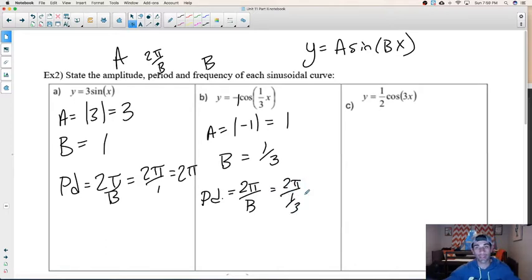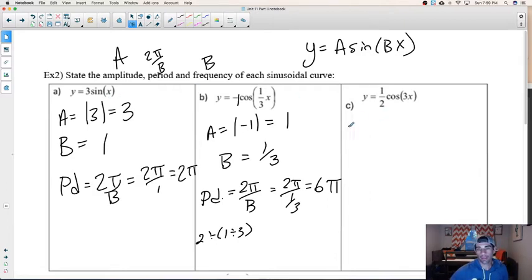Now, if you're using a calculator and you're doing 2 divided by 1 divided by 3, don't put the pi in there. Or if you remember from previous lessons, when you're doing fraction over fraction, flip it. So you're basically doing 2 times 3 over 1. And that's going to give you 6 pi. Okay, so for that, again, period is how long did it take to complete one cycle? It took 6 pi to complete one cycle.